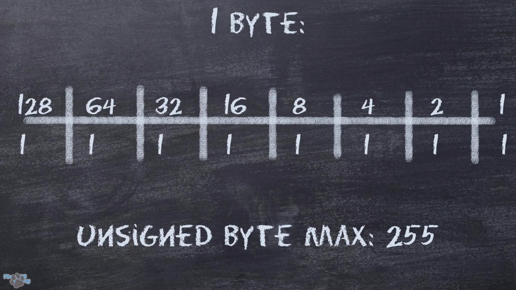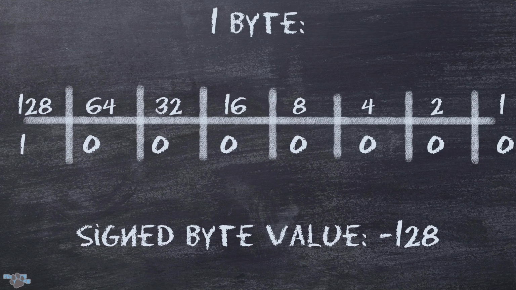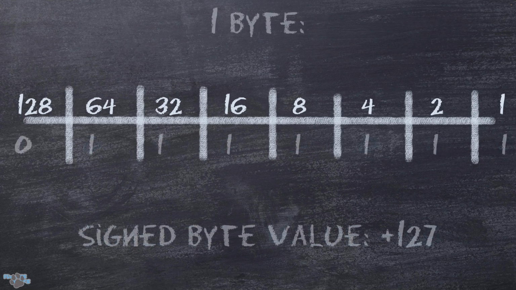For a byte, we can count up to 255. This would be an example of an unsigned number. Now, for signed numbers, we can reserve the 8th bit, the 128 place, and use that to denote whether a number is negative or positive, letting us count from negative 128 up to 127.